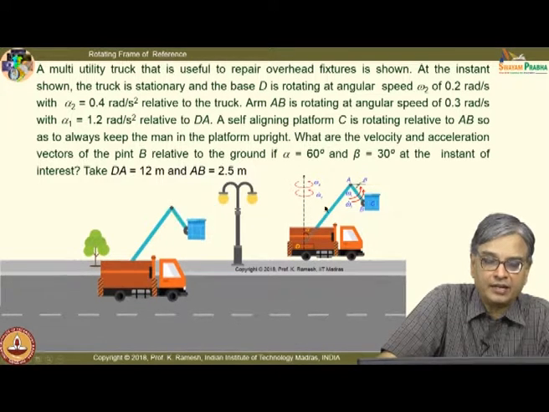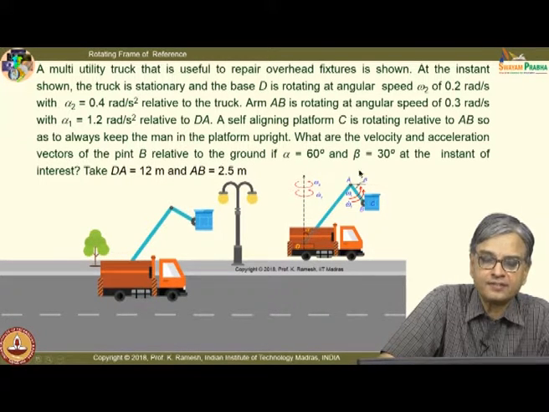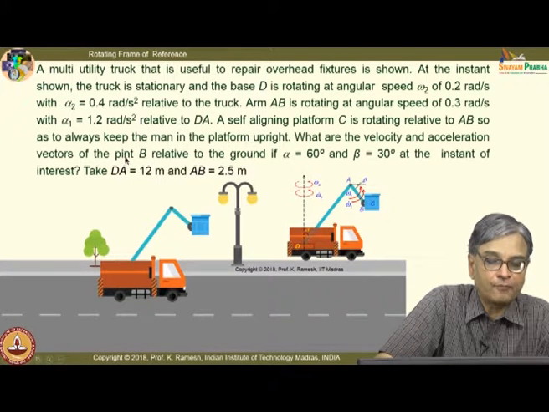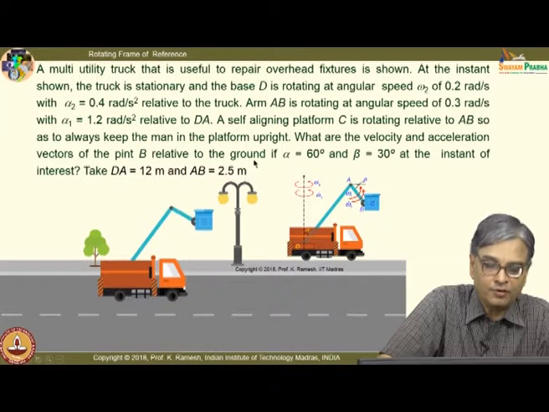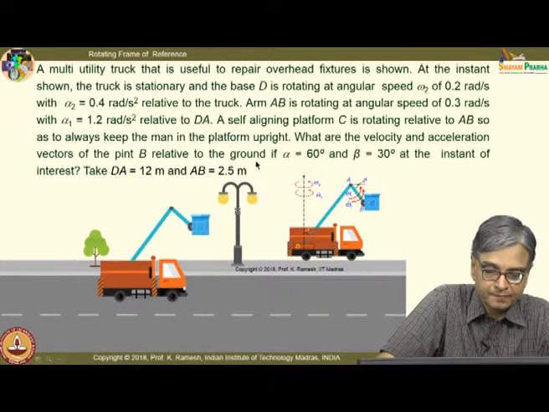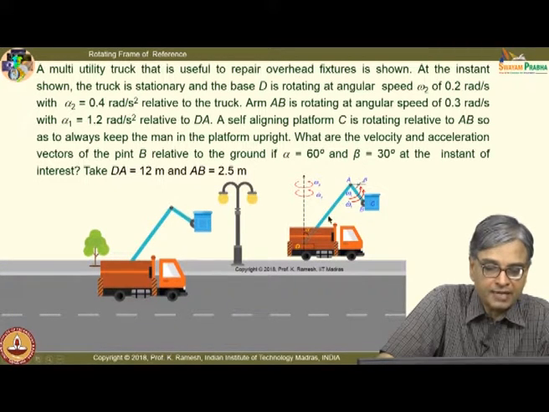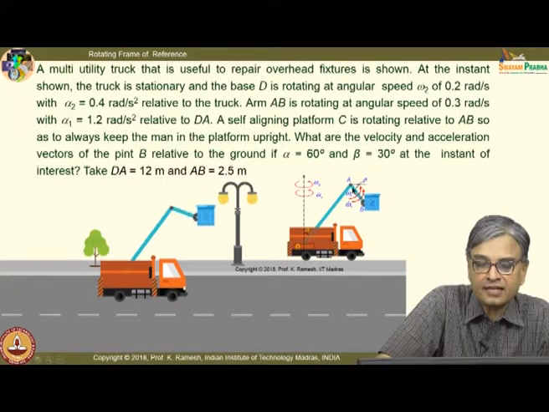So, you are given alpha equal to 60 degrees and beta equal to 30 degrees. You are asked to find out the velocity and acceleration vectors of point B relative to the ground, and you are given the length of the member dA equal to 12 meters and this length as 2.5 meters.